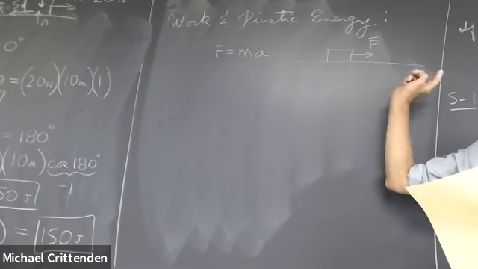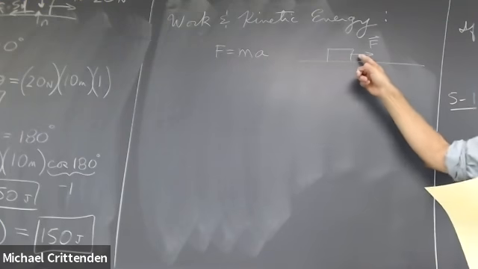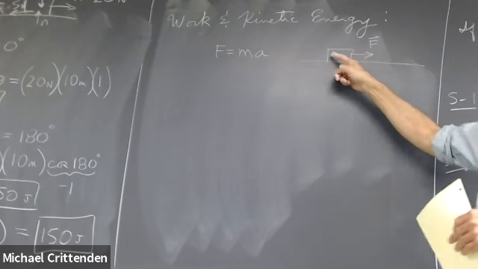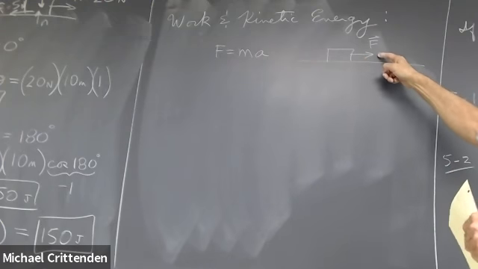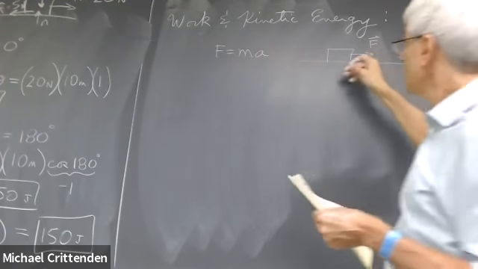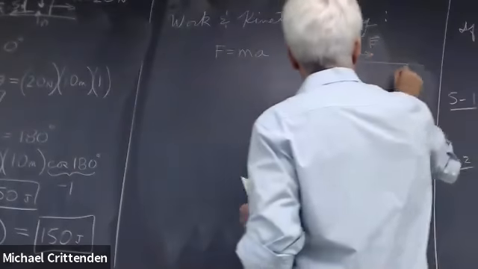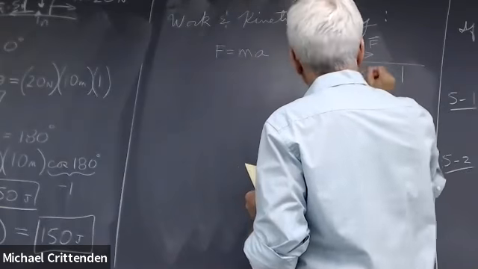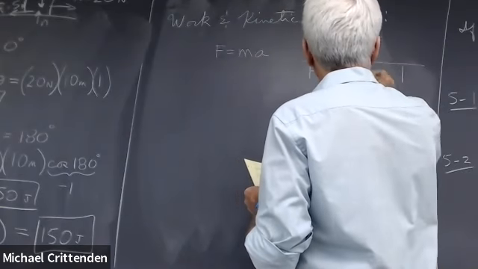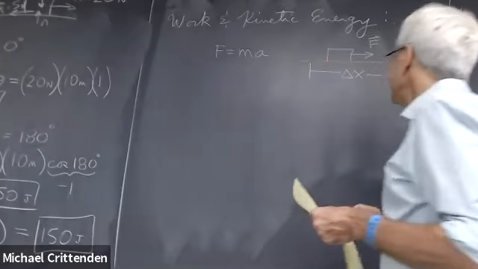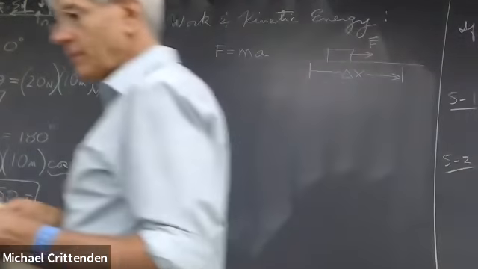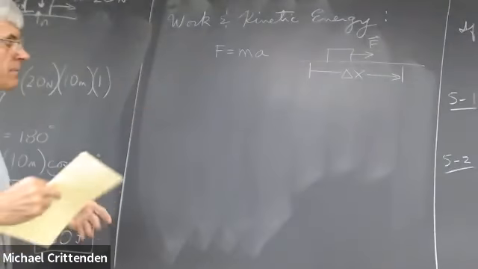The air track created a more or less frictionless surface. There was that little strap, the old piece of audio tape that pulled on the glider, and that's creating this force here. And let's consider the glider moving some distance. Well, let's call it some displacement, delta x. Okay, so if you want something specific in mind, think about that.